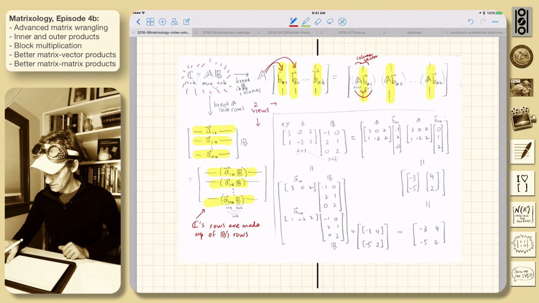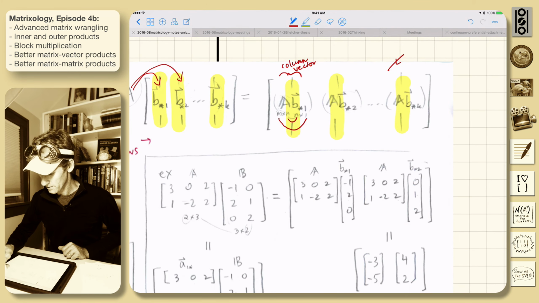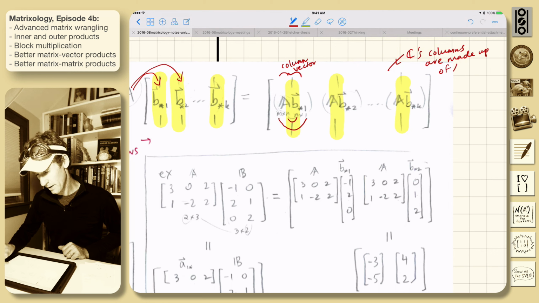And over here, this says that C's columns are made up of A's columns. Nothing weird, like they don't get switched around in weird ways.